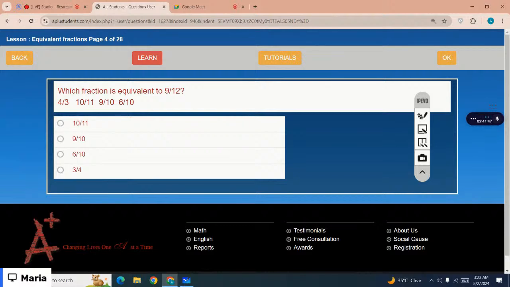The correct option is 3 by 4, it is, right?